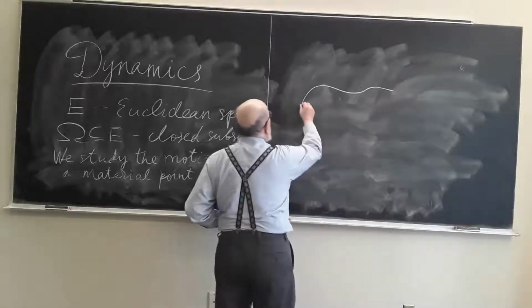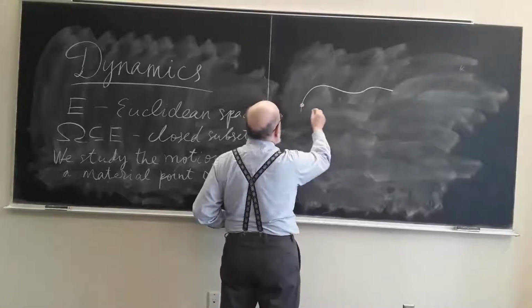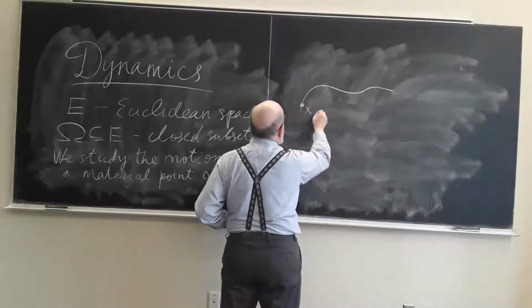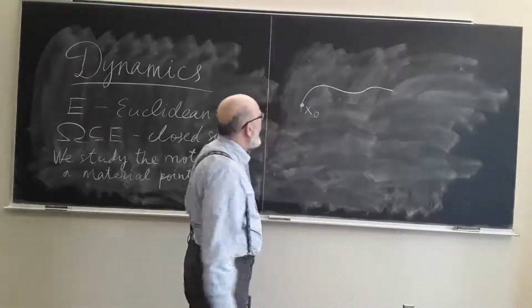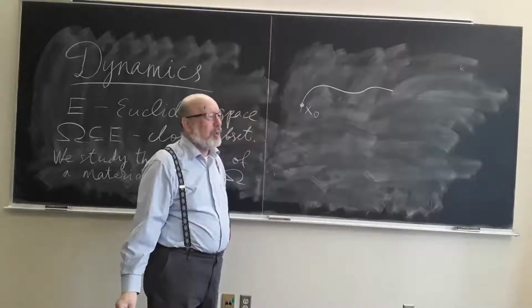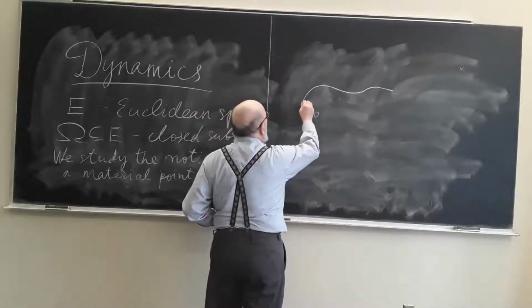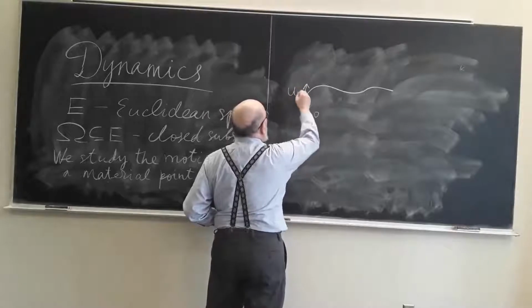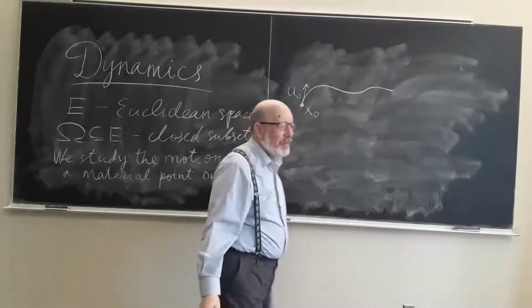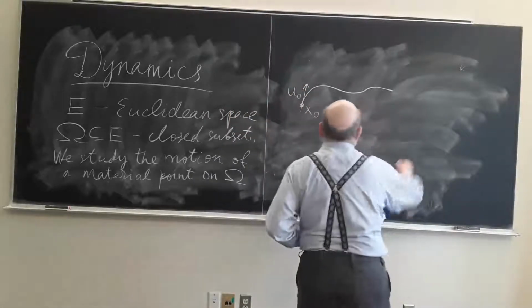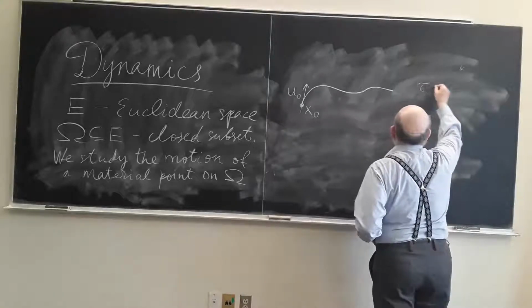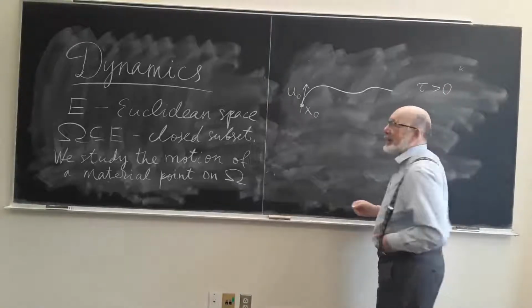Let us take some initial moment, point x0, and let us consider the initial velocity, u0. And let us set some time step tau.